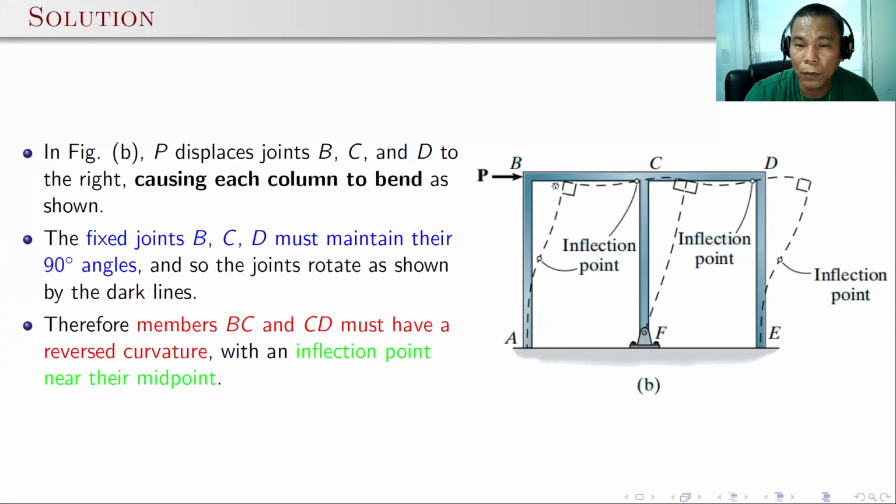So if it will remain 90 degrees, then there will be some rotation. So here we have a concave downward, then concave upward. Then for BC, concave upward, then concave downward, concave upward for CD, then concave downward with the column DE.